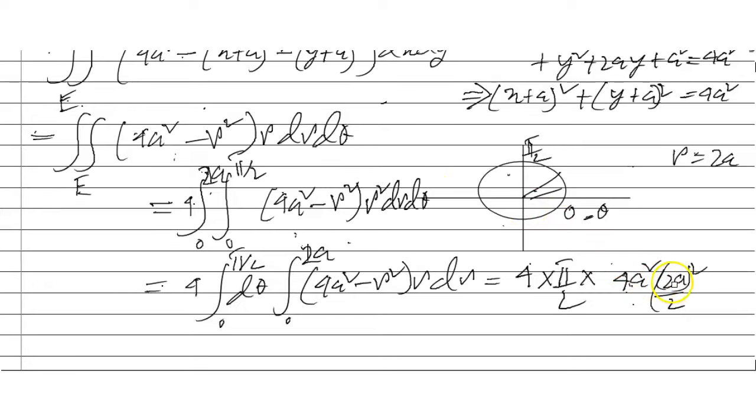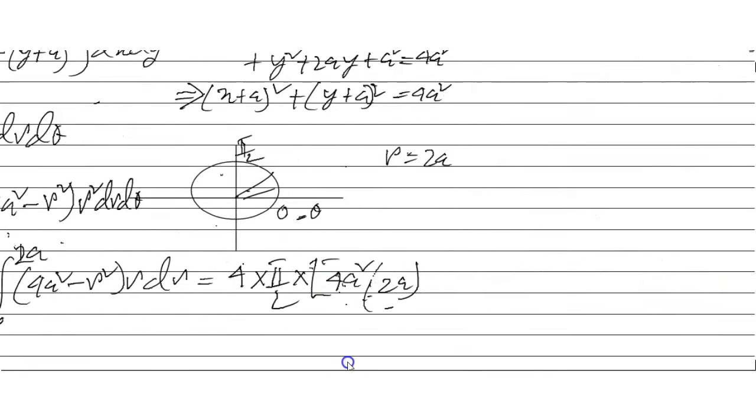It is not correct this way. It is 4 square multiplied with 2a minus r cube, meaning r to the power 4.